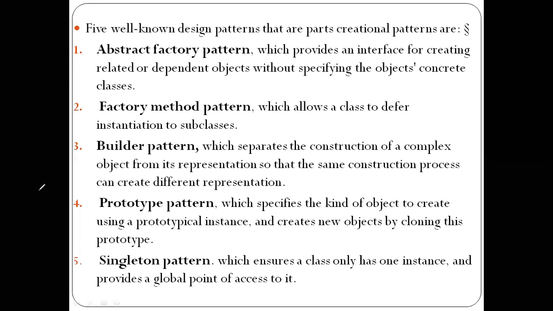Under scope we again have 2: object and class. Object view, class view, like that we have divided into 3 columns and 2 rows. Based on those, the creational patterns are 5 types.